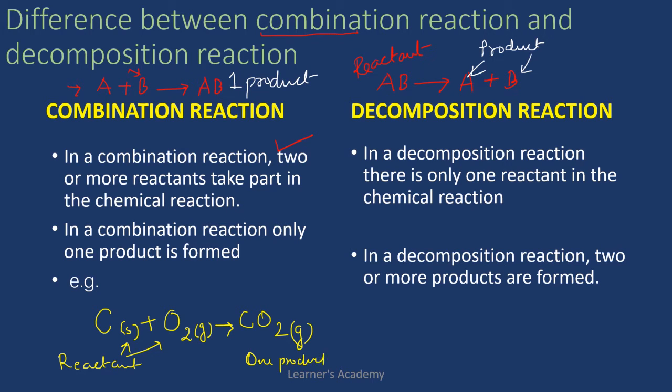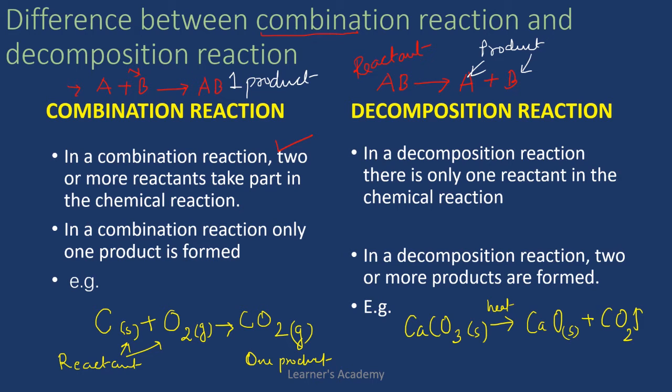On the other hand, an example of a decomposition reaction. For example, calcium carbonate is the compound and it is solid. It decomposes, it breaks down in the presence of heat into calcium oxide, which is a solid, and carbon dioxide, which is a gas.